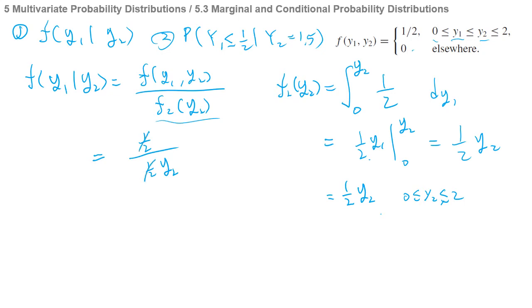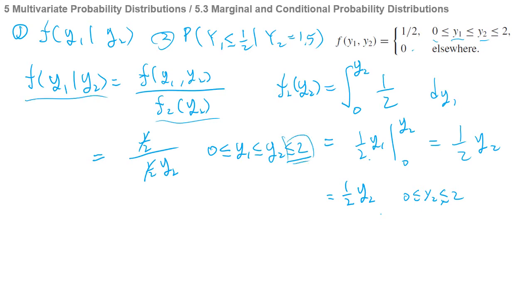This part cancels, and since y2 is given, you don't need this part.